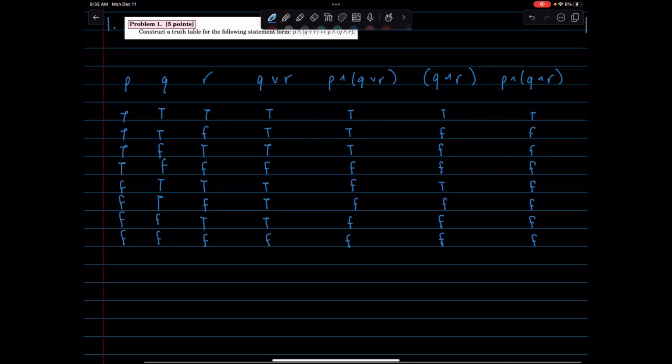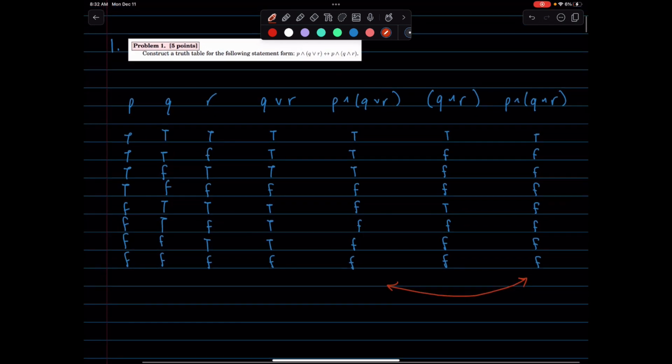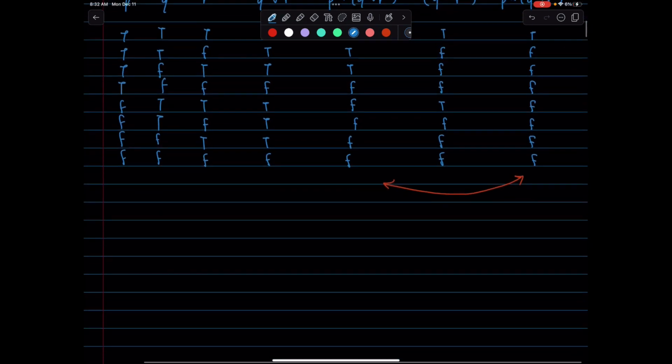Alright, so now we'll do the biconditional between these two. I don't really have space, so it's basically the biconditional between these two guys. So I'm just gonna make a new one down here.